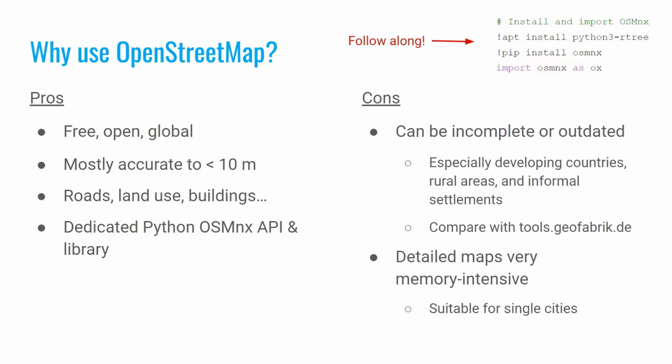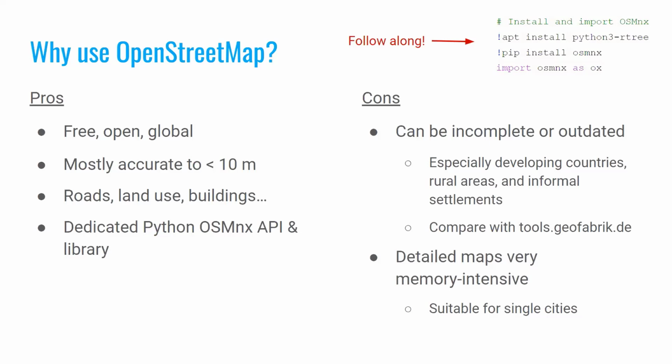Even aside from the companies, the individual contributors, I think, are mostly from developed countries as well. So you might find that the maps have less detail or are less accurate in developing countries. Similarly, rural areas where there are just fewer people to update the maps. Informal settlements like favelas and shanty towns and things like that as well. The map might be less detailed.